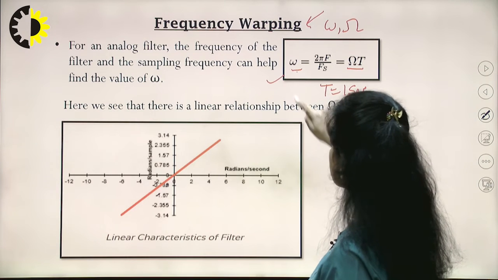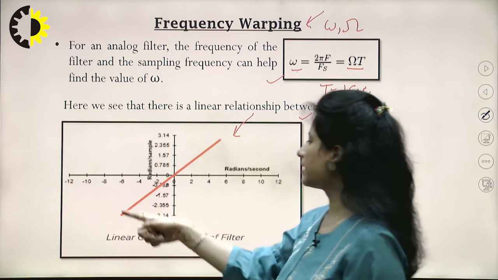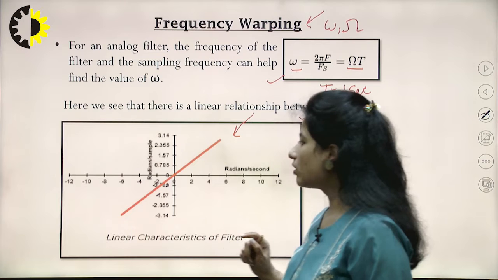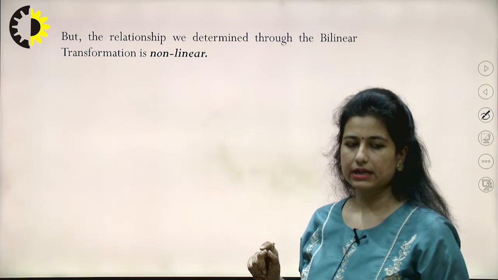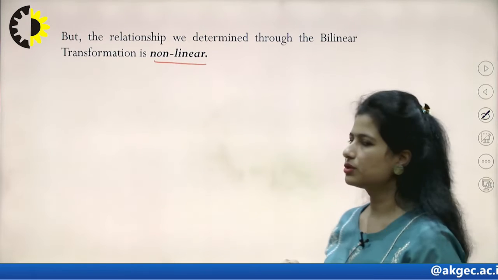For this kind of relationship, this kind of graph, I am obtaining the appearance of the response of a system. Because of the introduction of the tangent function, certain non-linearities are added to the system.